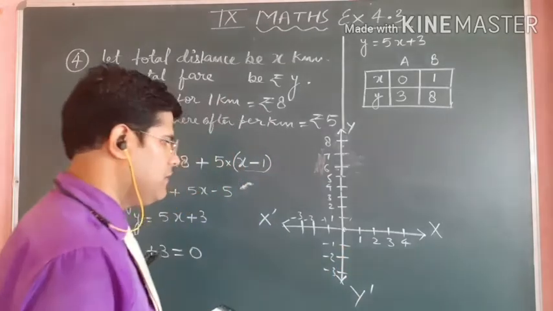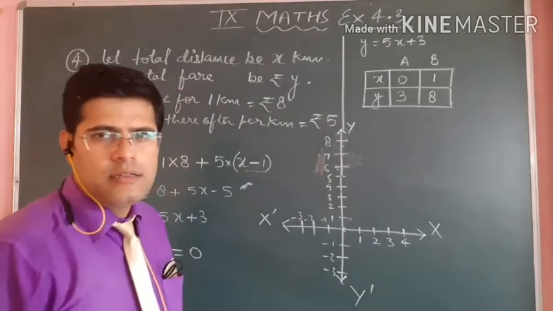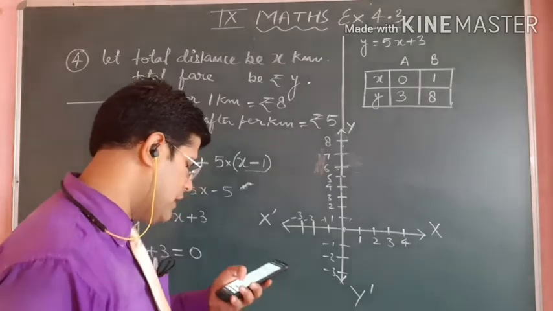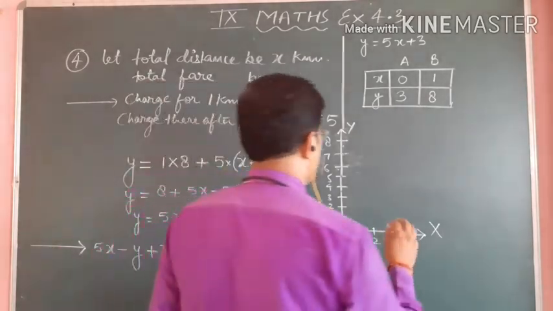So it is not a very clear graph. This is only an idea. If you make it on graph paper, then you can solve it very clearly.